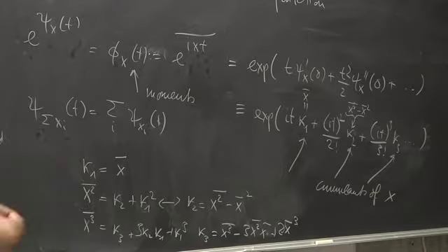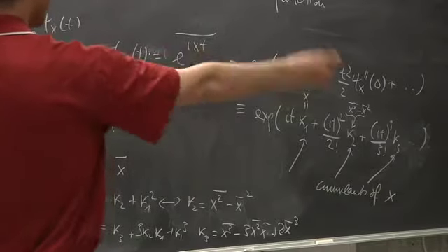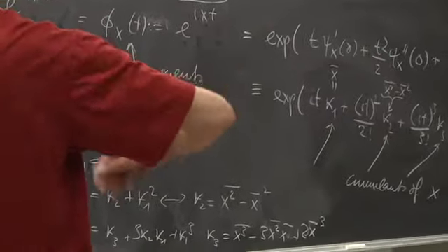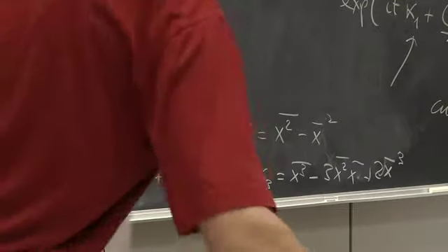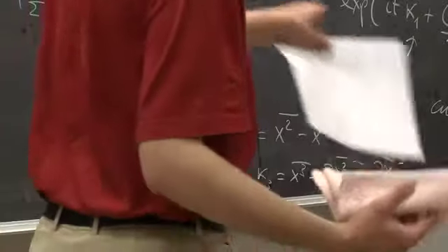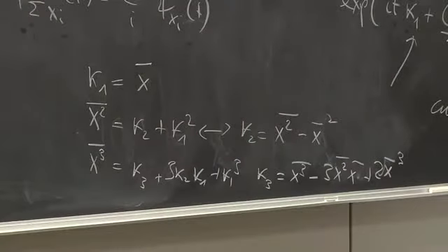And you can go on, you just compare coefficients of power series and you get the connection between cumulants and moments. I never went beyond the third cumulant, I think, or very rarely, but it's easy to do in case you ever need it.